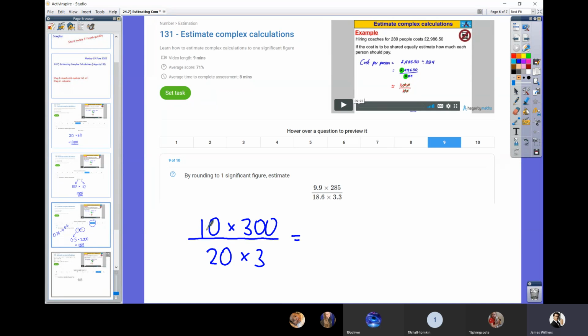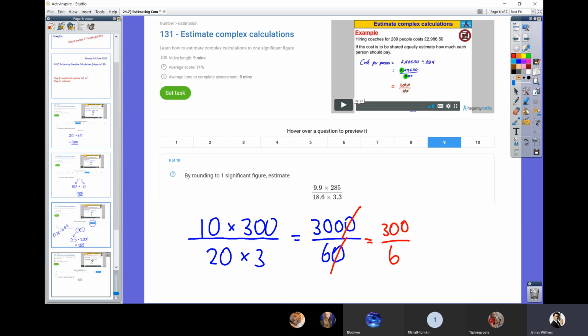Then do the maths. Start off with the numerator. 10 times 300 is 3,000, and 20 times 3 is 60. Now, remember when you're doing divisions and you've got noughts on the end, we can choose to divide top and bottom by 10, which has the effect of just knocking off one of the zeros. So we're left with 300 being divided by 6.